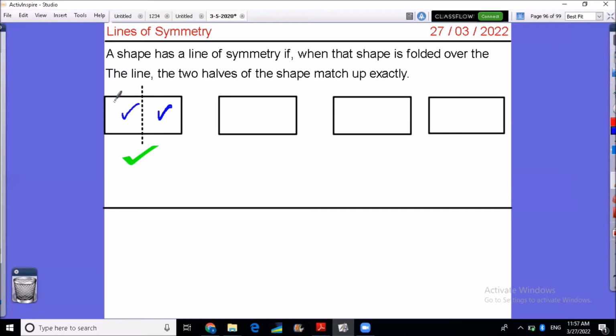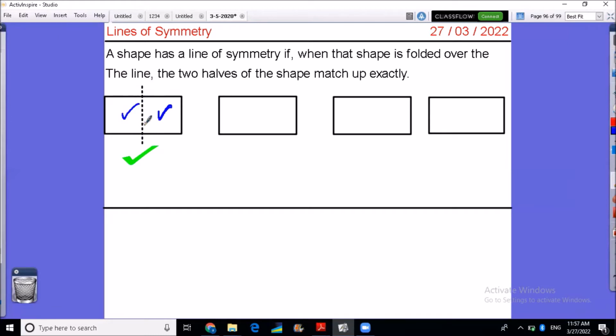Imagine that this is an A4 paper, which has a rectangular shape exactly like this one, and you try to fold the paper exactly from the middle this way. The two halves will match up exactly. They will be identical. That's why we call this line in the middle a line of symmetry.